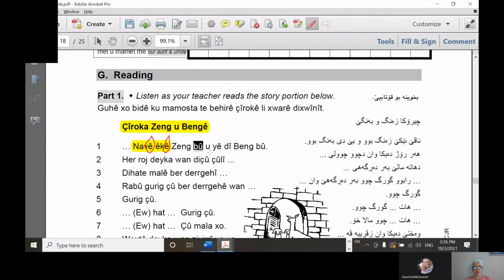But here, this izafe is indicating that it's masculine because name is masculine. So ye di, so this izafe here, this ye, takes the place of saying nave di. So instead of saying nave di, it says ye di, and that's an izafe phrase.